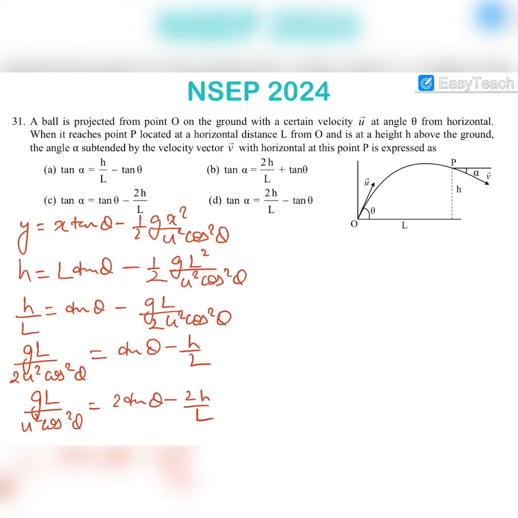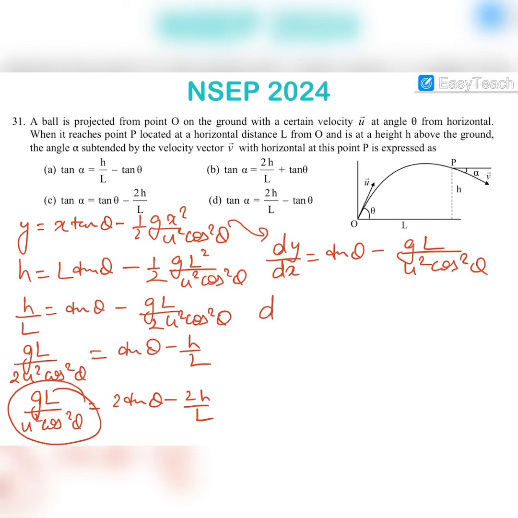Now let us differentiate this equation and find out the slope. So dy by dx is tan theta minus g into x, which is L obviously, upon u square cos square theta, and we can substitute this value here. So dy by dx is the slope of this graph, which is minus tan alpha, and minus is due to the fact that this angle is below the x-axis.